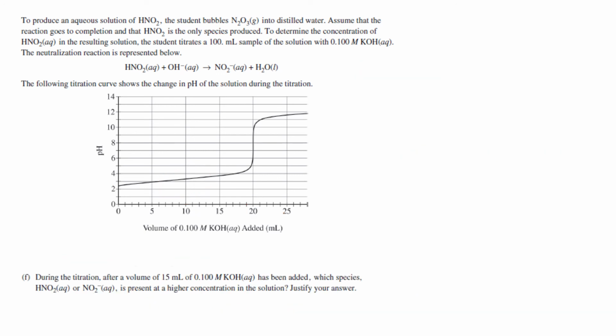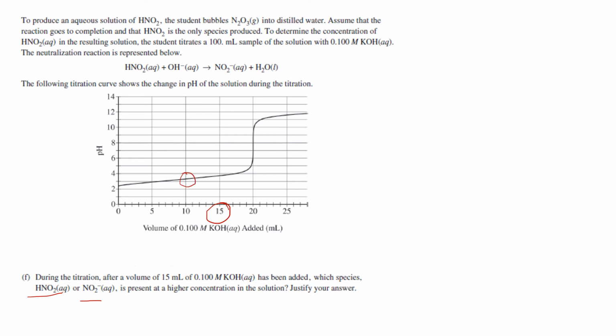Part F, they're saying during the titration after a volume of 15 mL has been added, they want to know which species is more prevalent, your acid or your conjugate base. So in the last slide, we recognized this was our midpoint.